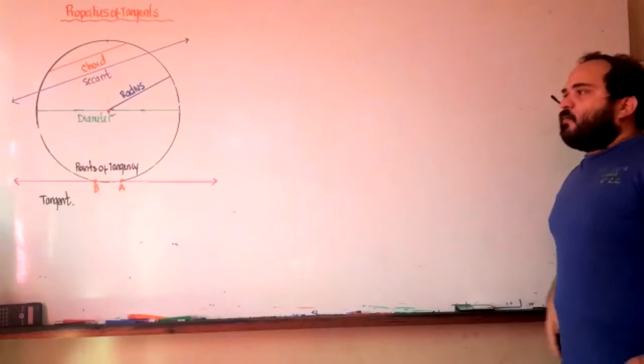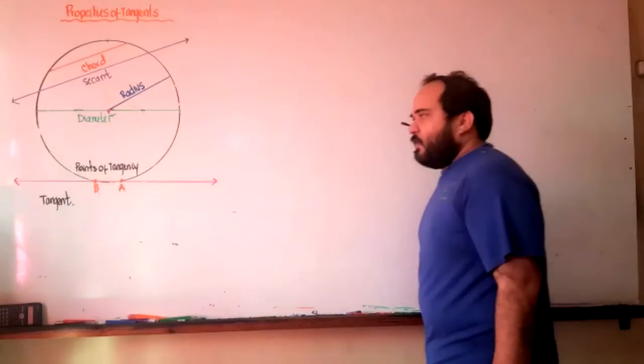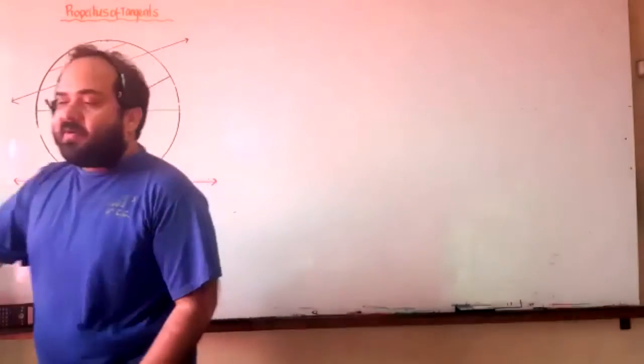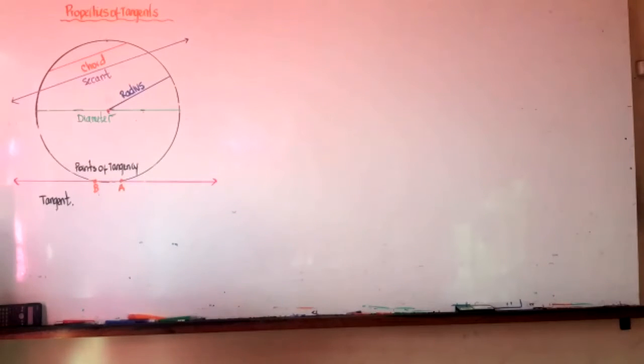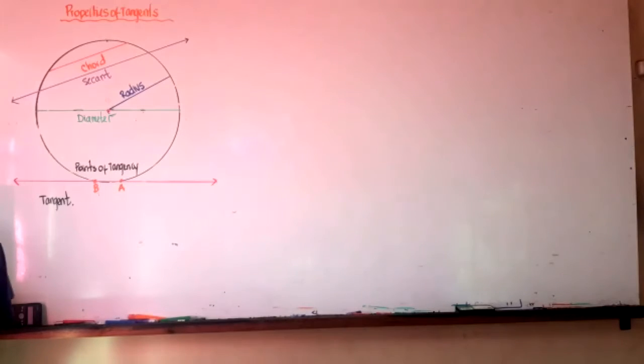We know what a circle is. We define the concept of the diameter and the radius, but we don't know the rest of the parts and the properties of the tangents of the circle.